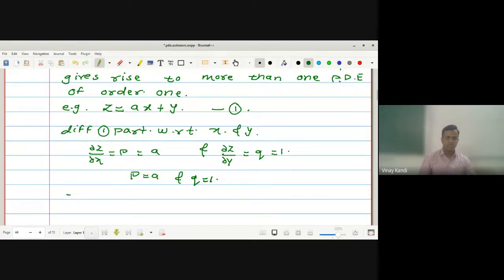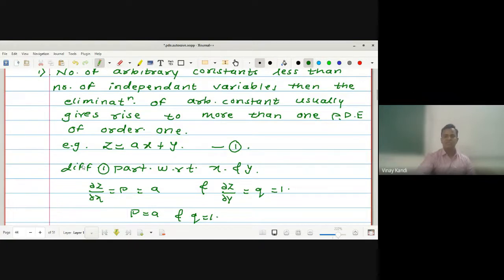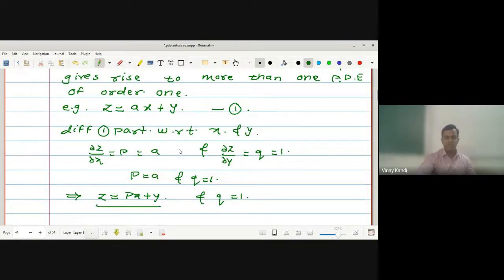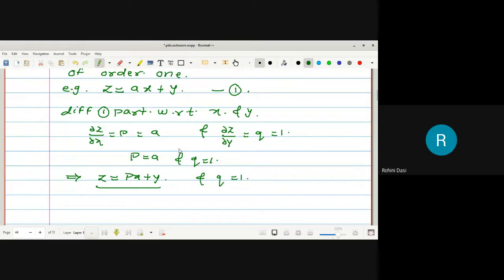Hence we get z is equal to, the value of a is p, so px plus y. So this is one partial differential equation and q is equal to 1. So here we get more than one partial differential equation of order 1 if the number of independent variables is more than the number of arbitrary constants. Okay, understood? Yes, sir.